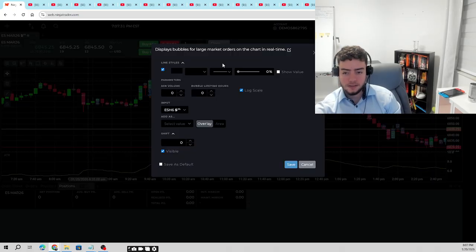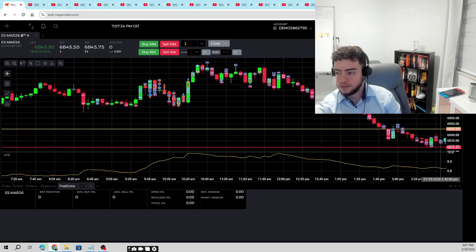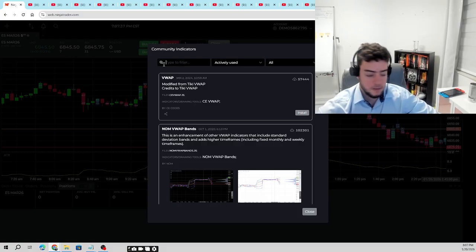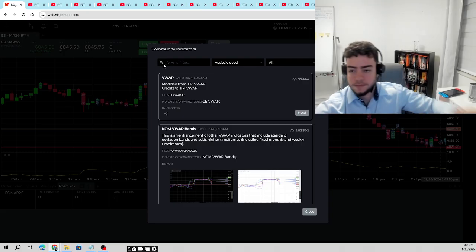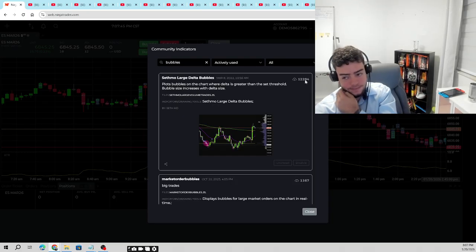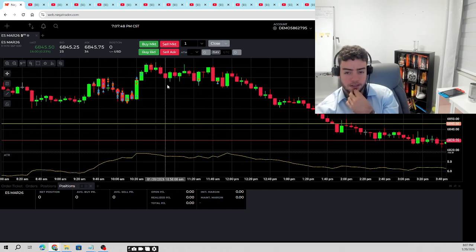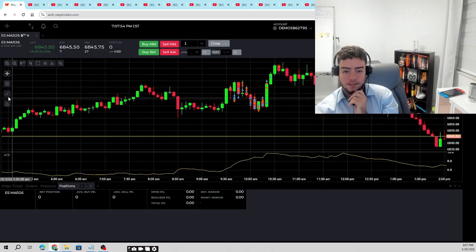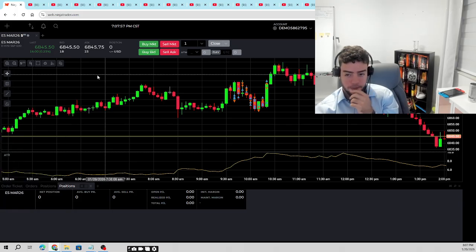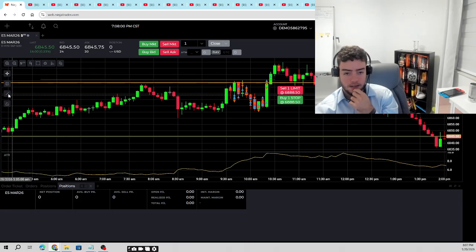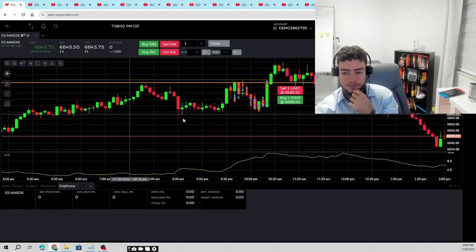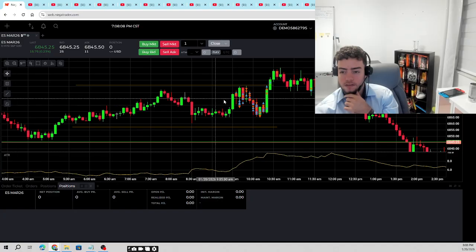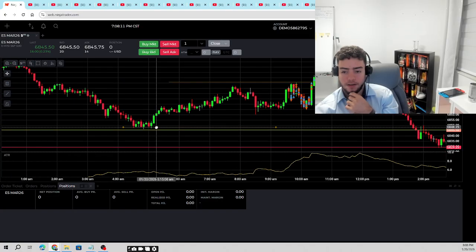Let me disable this. This is a bit overwhelming. Bubbles. Let's see here. Okay, so auction market theory is when the market is balanced in the sense that, as you can see here, the market is staying within one area.